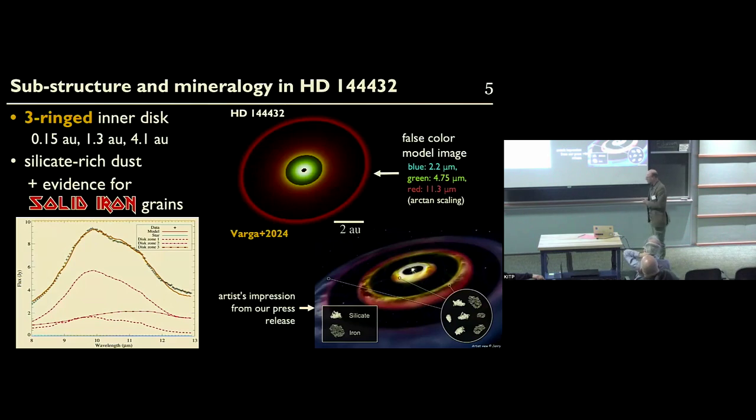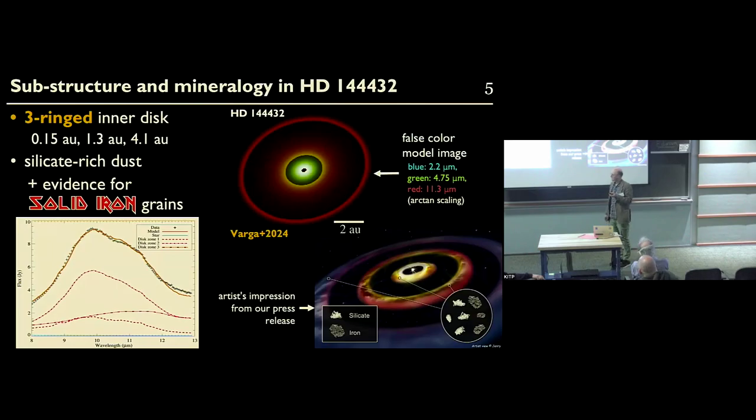But we can do even more, because these observations come with spectra. In the N band we see this nice silicate spectral feature, not just in the single dish flux, but also in the interferometric data. With the modeling of this data, we can derive the silicate composition of this source.